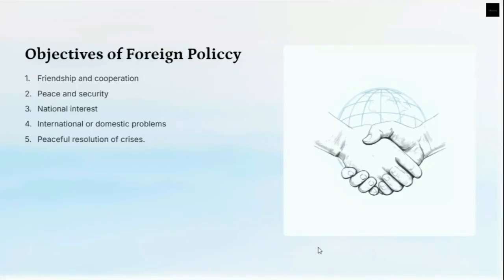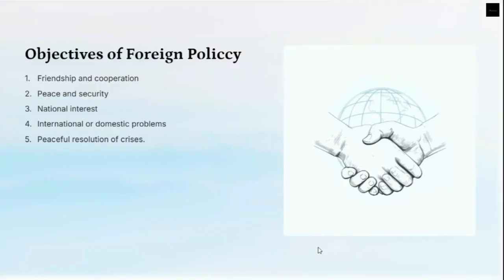Then we have international or domestic problems. International problems, like we have now, people fighting between countries. So with all of these objectives of foreign policy, why is there foreign policy? To promote friendship and cooperation, peace and security, national interest, and to address international and domestic problems. There are some countries facing some problems.